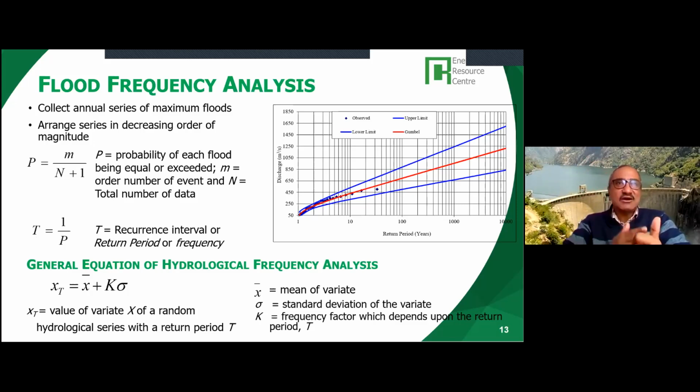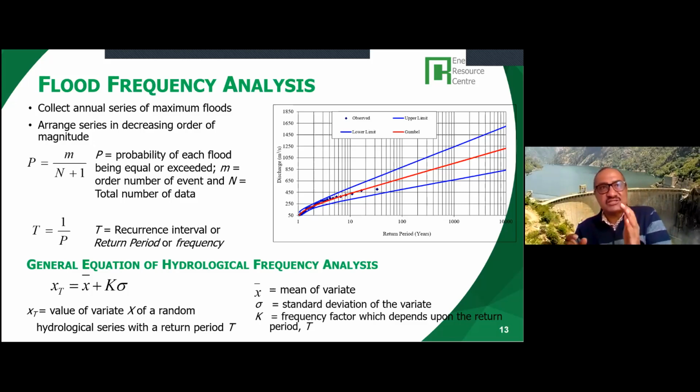But the probability of it occurring today, tomorrow, and the day after is 1 upon 100 multiplied by 1 upon 100 multiplied by 1 upon 100. So the probability of occurring once is 1 in 100 years. Probability of occurring one after the other is 1 in 1,000 years.